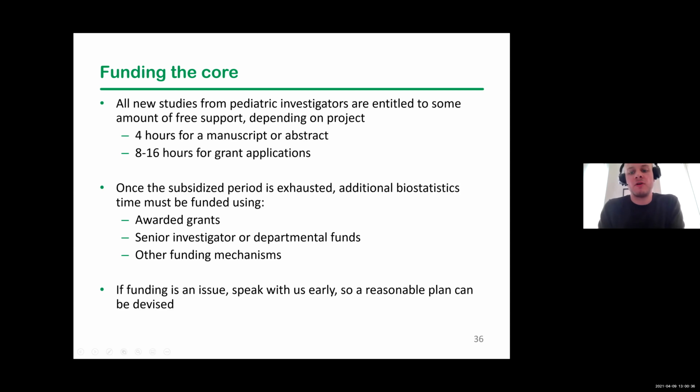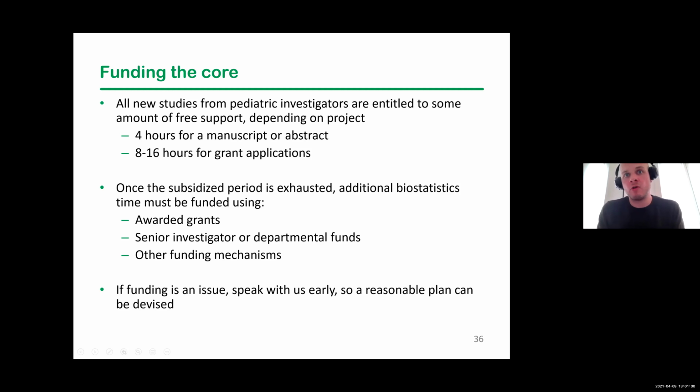We want to make sure that you are as well supported financially as possible so that you can have time for biostats in your project. And finally, we don't want funding to ever be a deal breaker. So speak with us early, and we try to make a plan for everybody. I don't think we've ever turned anybody away cold turkey, even if they had no money at all.